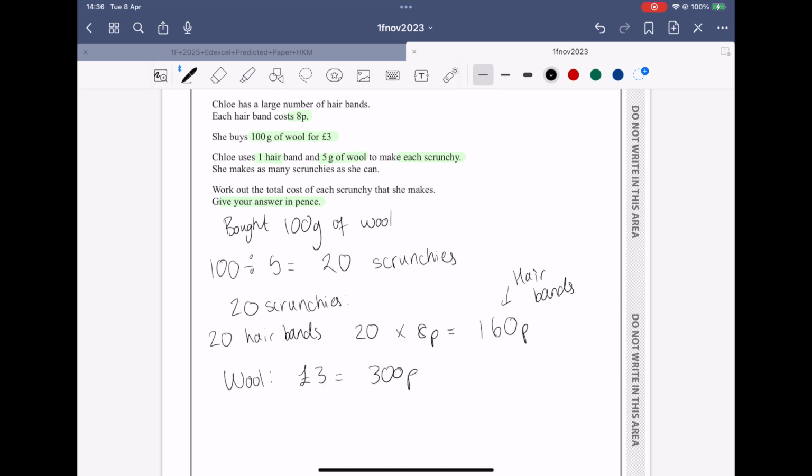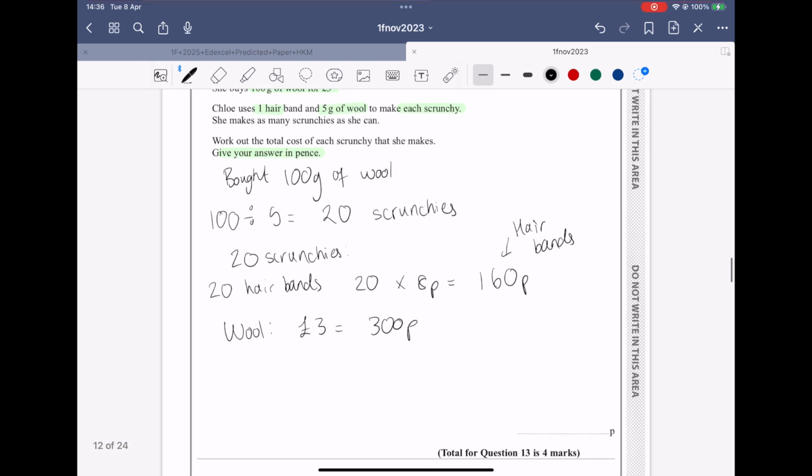And then the total cost for all together, 300 plus 160 is 460 pence. That's for all of the scrunchies. So that's the total cost for all.